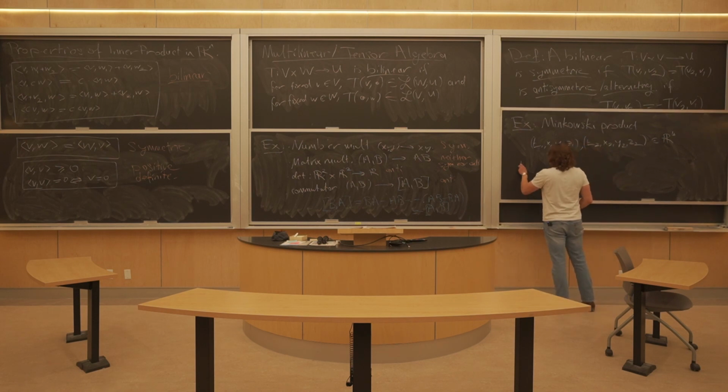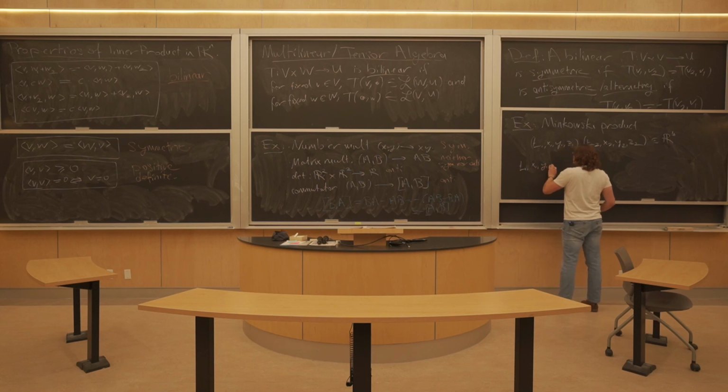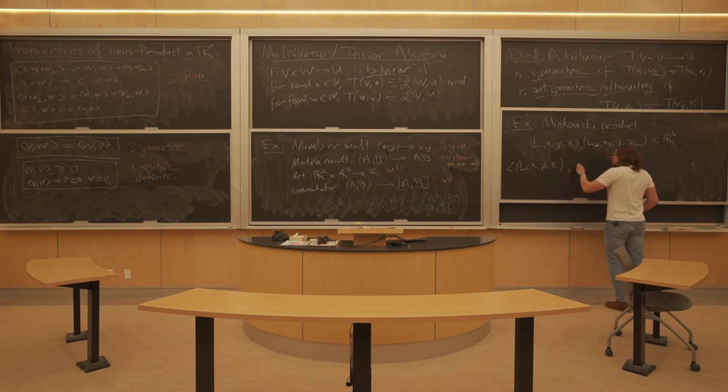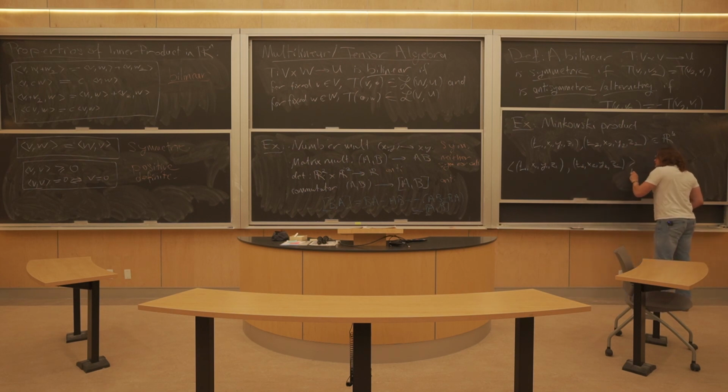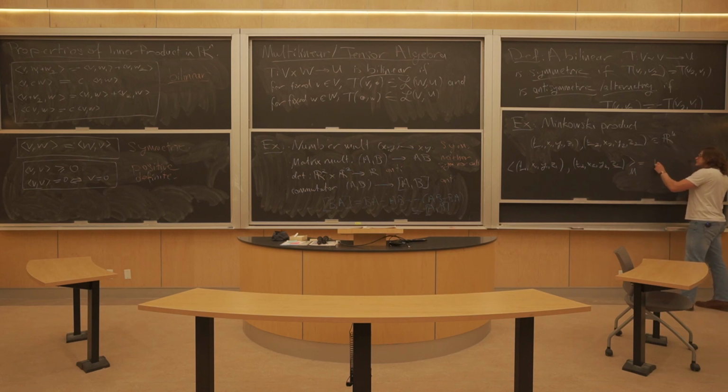So T1, X1, Y1, Z1, inner, T2, X2, Y2, Z2, according to Minkowski, let me put that subscript there, equals, I'm just going to write down the standard inner product, except here you have a minus.